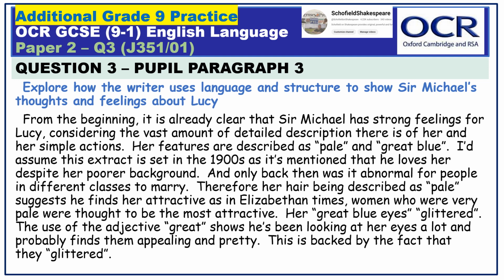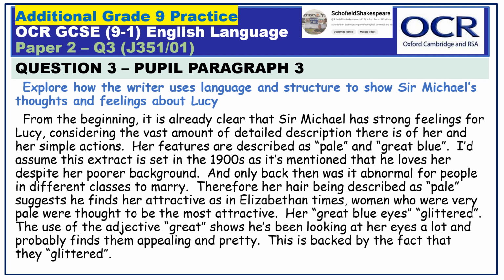Here's a third past pupil paragraph for you to mull over. From the beginning, it is already clear that Sir Michael has strong feelings for Lucy, considering the vast amount of detailed description there is of her and her simple actions. Her features are described as pale and great blue. I'd assume this extract is set in the 1900s, as it's mentioned that he loves her despite her poorer background, and only back then was it abnormal for people in different classes to marry.